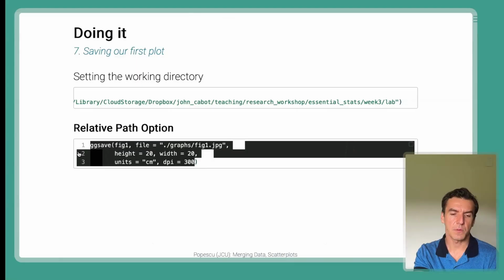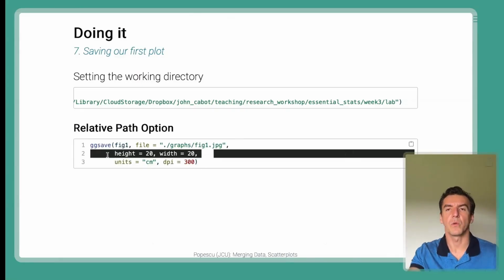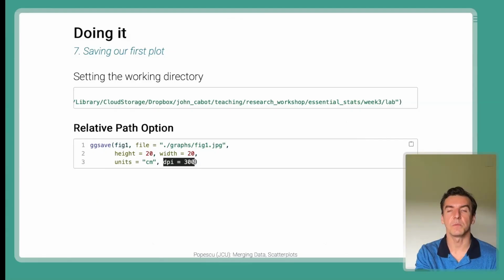Essentially, these are responsible for how square you want the picture to be, but also how detailed you want the picture to be. The bigger the DPI, the more detailed it would be. I think for most purposes, 300 is more than enough.